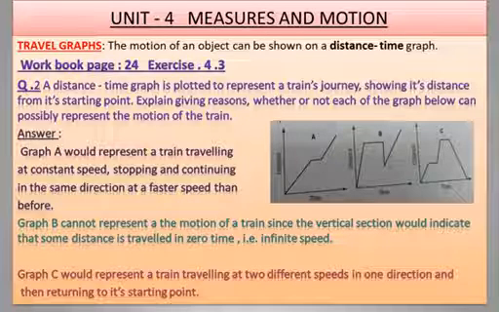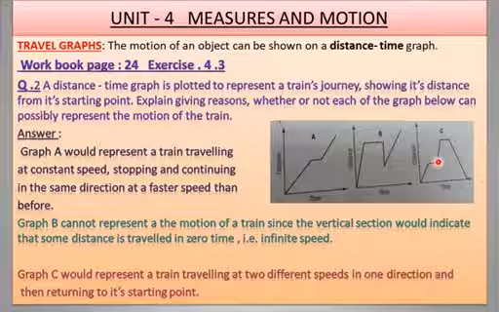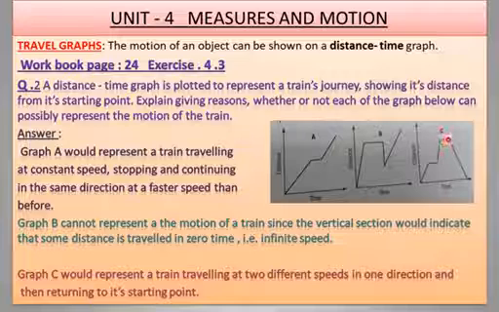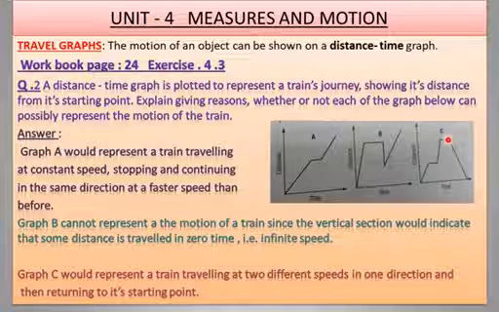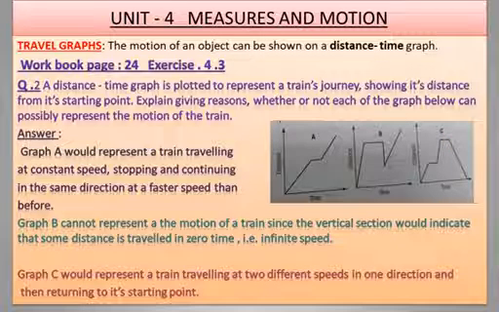You can see the graph here. In the graph it is representing first a constant speed, then it is at rest, again starting, then again taking rest, or it is stopping. Okay, then going back to the starting point.